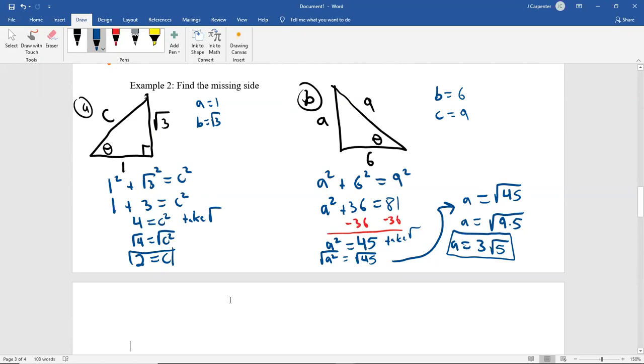So we mentioned the Pythagorean theorem was a squared plus b squared equals c squared. From the Pythagorean theorem, we can get 3 Pythagorean identities.